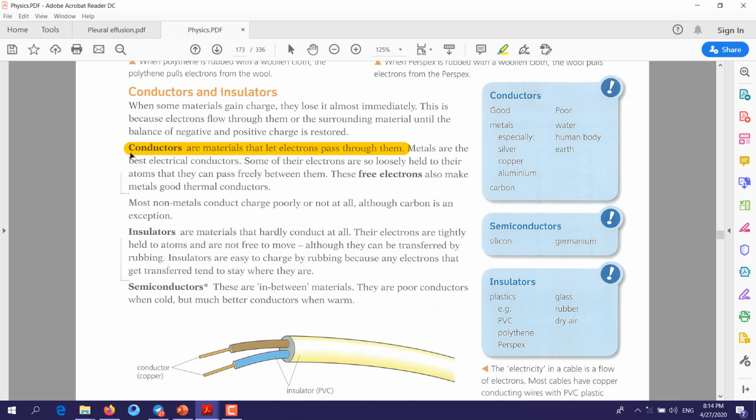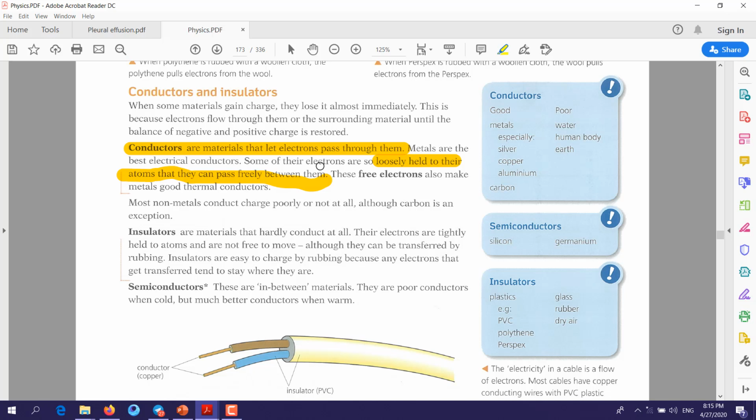Now, an explanation: what do we mean by letting electrons pass through them? As we explained, all matter is made up of atoms, and these atoms contain electrons. In some materials, these electrons are so loosely held to their atoms that they can move freely.